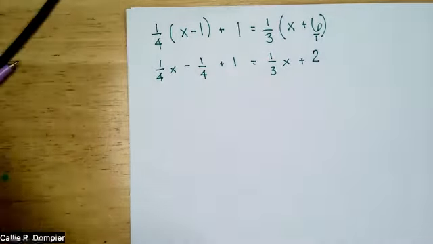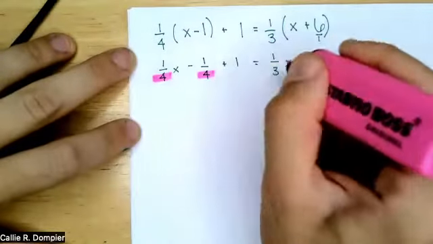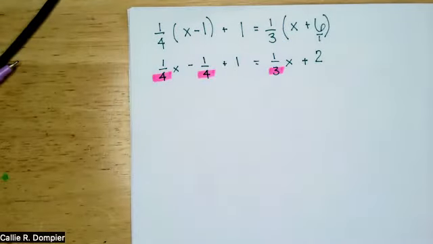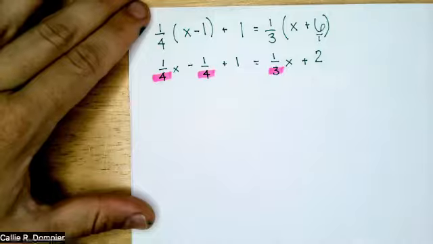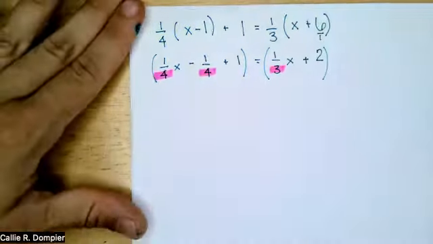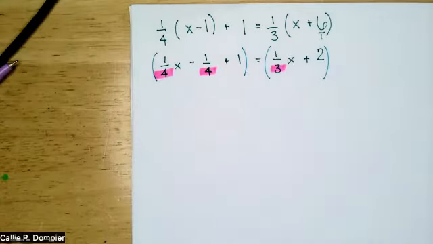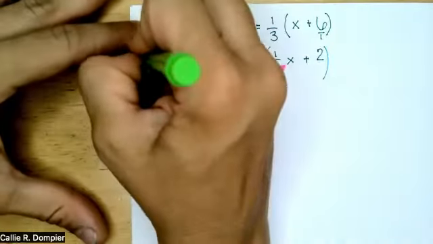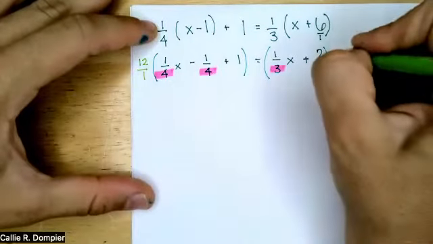All right, now I'm going to look at my denominators. 4, a 4, and a 3. The multiples of 4 and 3, the smallest one that is common to 4 and 3 is what? And I'm going to multiply both sides by it. It's the number 12, right?